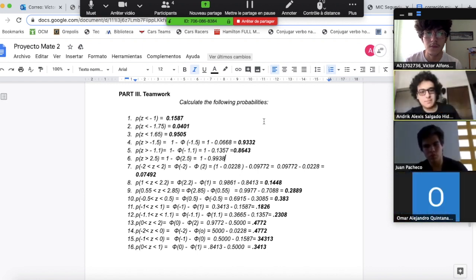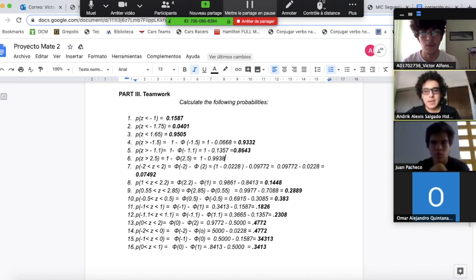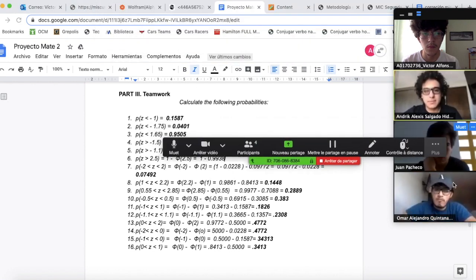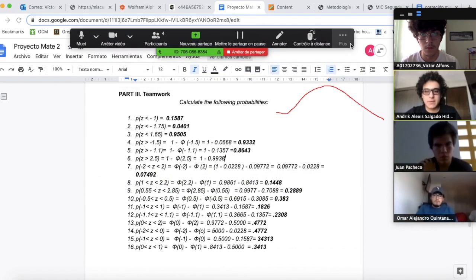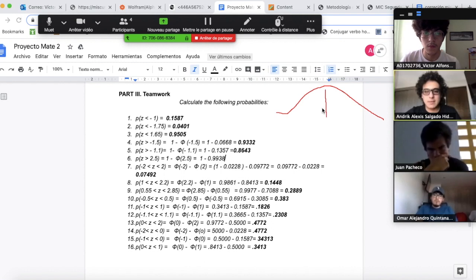Hello, my name is Andrik, and first of all, the Z value is used to know the probability of the area that is to the left in the Gauss distribution table. The Gauss distribution table is this one, and the Z number will give you the area on the left side, which would be this.